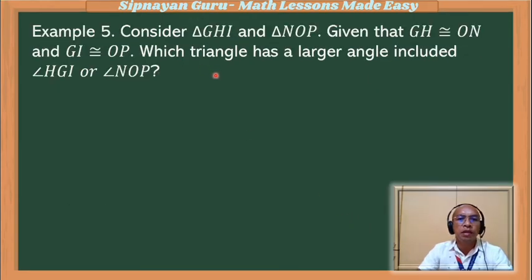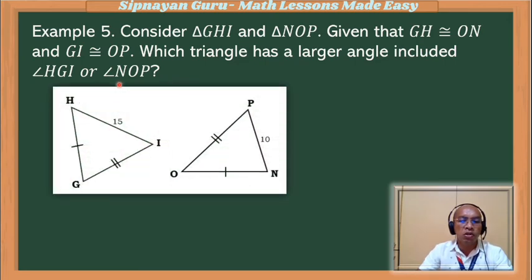Example number 5. Triangle GHI and triangle NOP. Given that side GH is congruent to side ON and GI is congruent to OP, which triangle has the larger included angle, angle HGI or angle NOP? Let's have this illustration to visualize the problem. The measure of this side is 15 units. This side is 10 units.